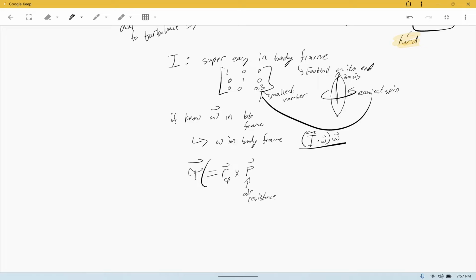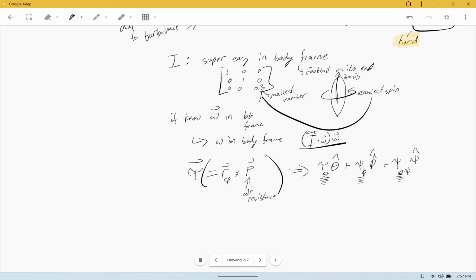If you know the torque, hopefully you can write that as a little bit of torque in the theta hat direction, plus a little bit of torque in the phi hat direction, and a little bit of torque in the psi direction. Because then when you do the Euler-Lagrange equation for theta, you just use that. When you do the Euler-Lagrange equation for phi, you just use that. And when you do it for psi, you just use that one. So if we can do these things, we are good to go.